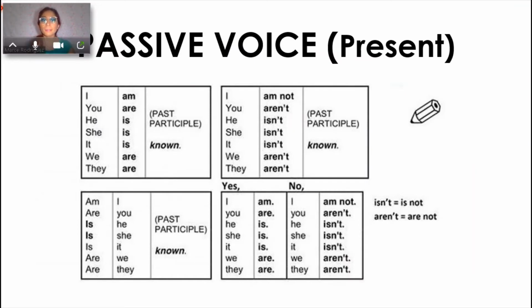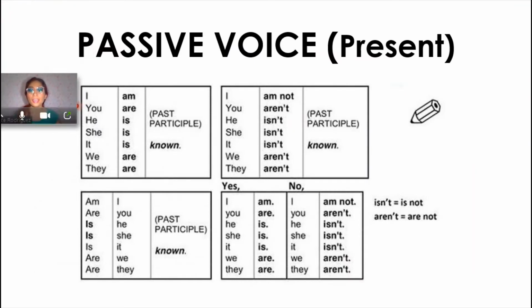Okay, remember that the passive voice is formed by the subject, the verb to be in present, and the past participle form of your main verb. You can say known, worn, produced, created, made, used, sold, etc. Okay?